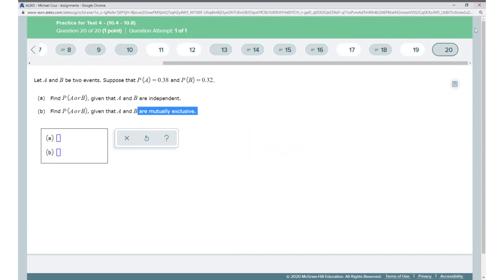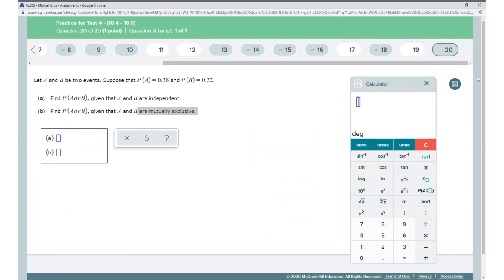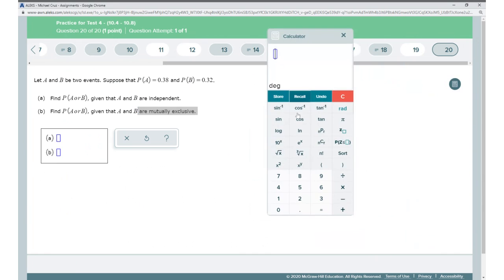I forgot about this little thing. I don't know why I always forget about it. So B is 0.38 plus 0.32. So that's 0.7. All right, now watch. I'm going to put the whole thing in here. This is what's kind of neat about this calculator. So for the first one, we have to add and then subtract that product.